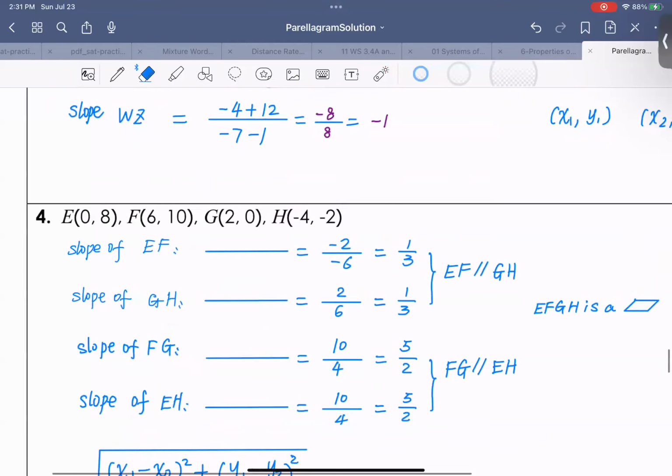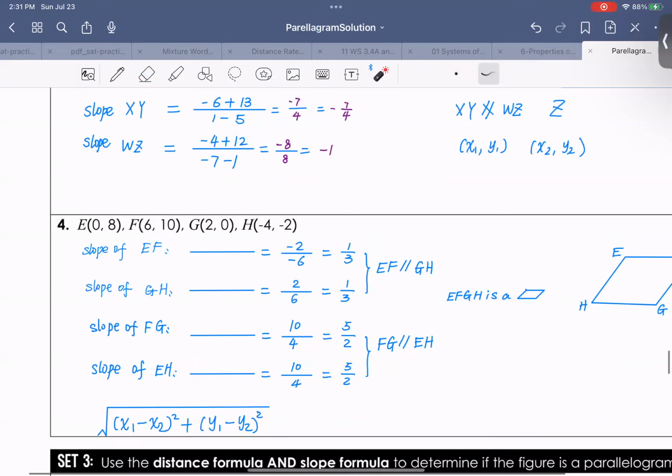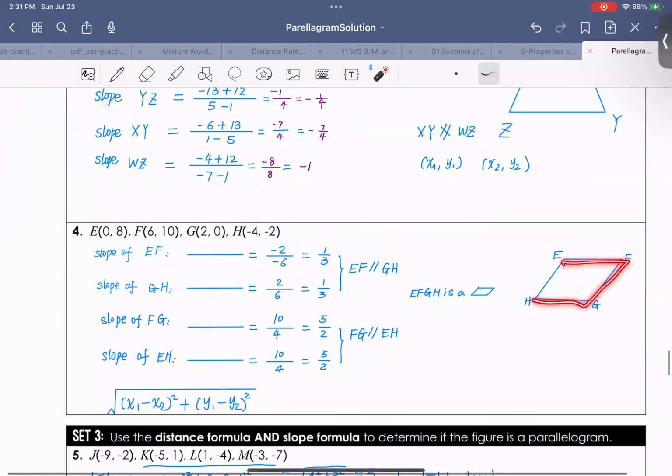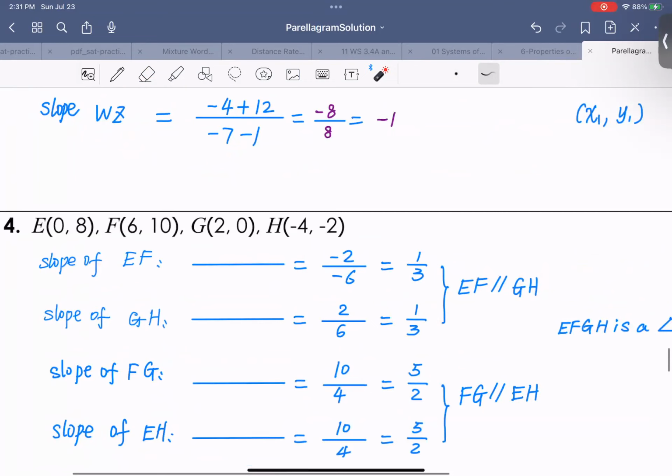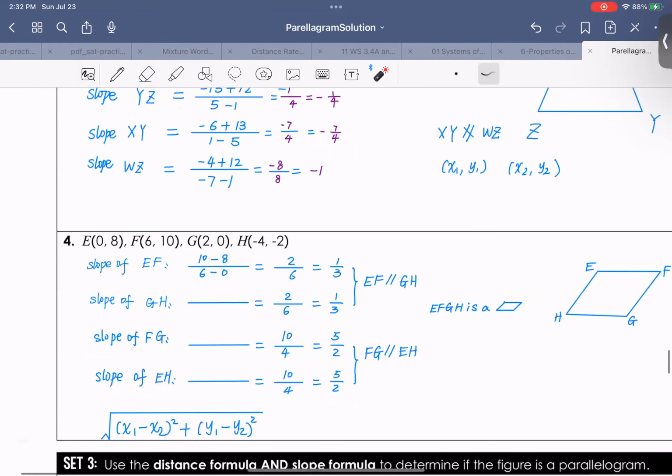Let's do this one here. We draw this E, F, G, H first, okay? Now let's get the slope of EF. Go ahead, please. It's 10 minus 8 divided by 6 minus 0. Good. Which is 2/6, which is 1/3. Yeah, see, we draw, follow this sequence.